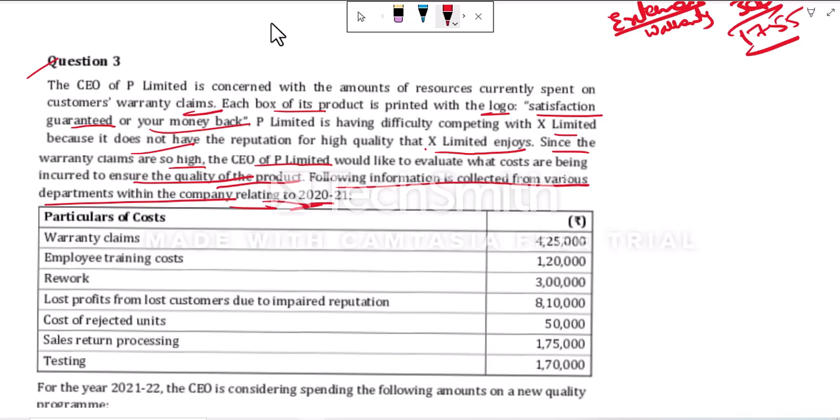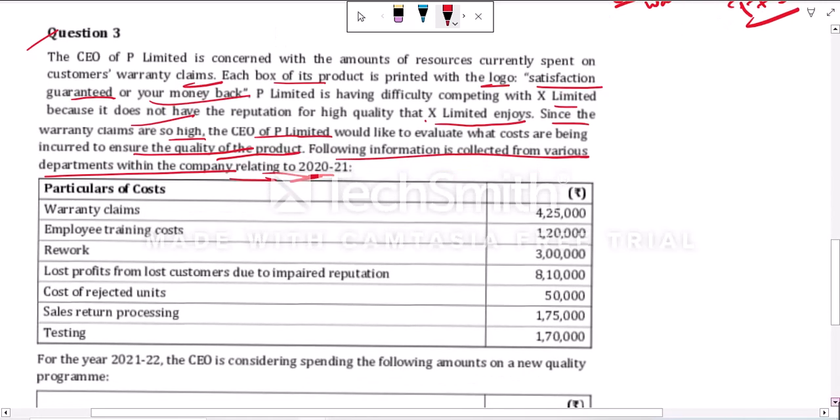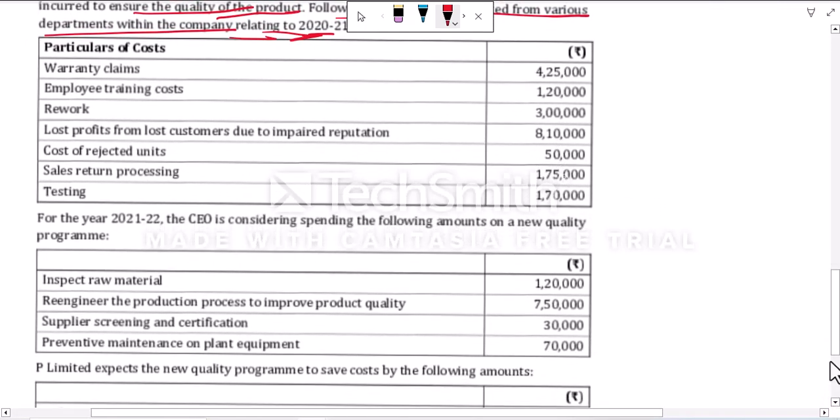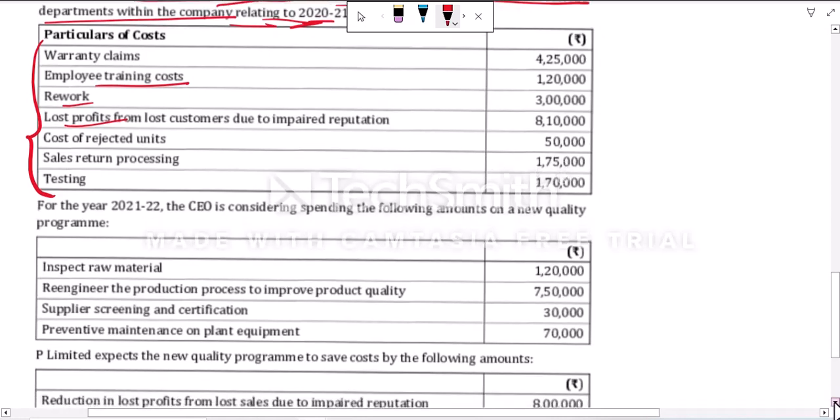So they got the following data. These are all the costs incurring now: warranty claims, employee training cost, rework, lost profit from lost customers, cost of rejecting units, sales return processing, testing.